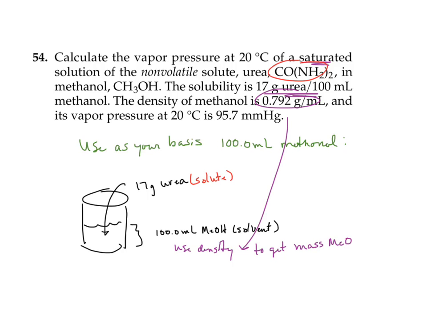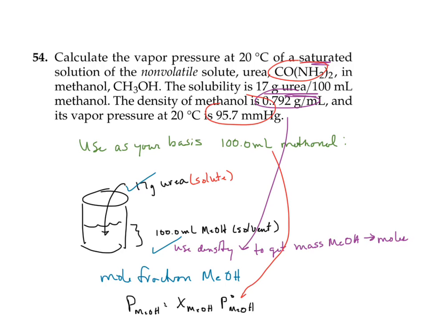Methanol is your solvent. And my hint here in green is basically I would use as your basis 100.0 milliliters of methanol, only because that is how the urea is described as being 17 grams of urea will dissolve in 100 milliliters of methanol. So use that as your basis and kind of let things fall into place.